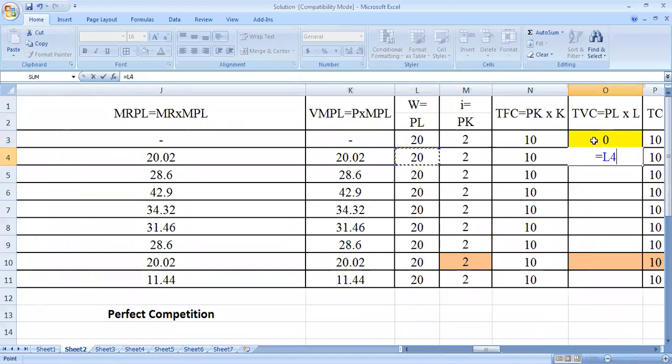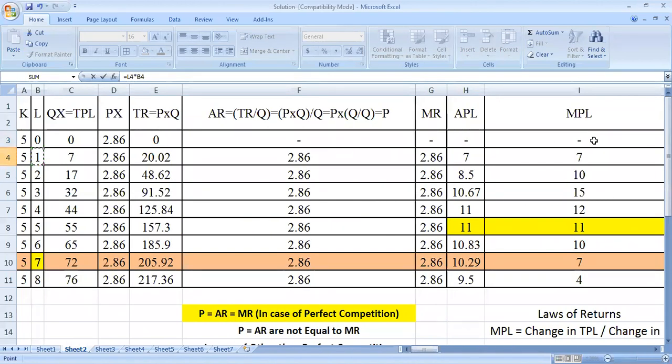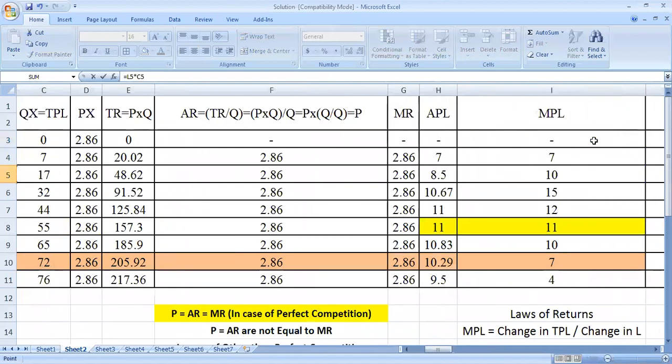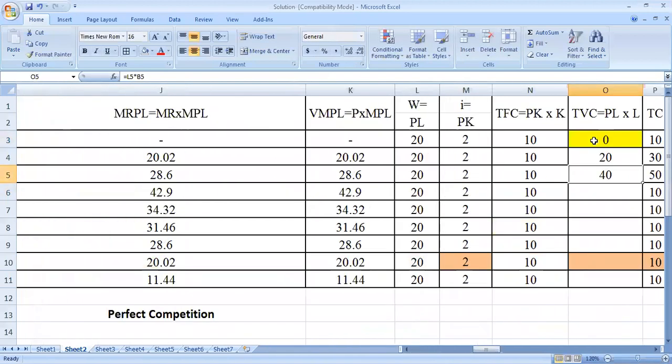When you multiply 20 with 1 unit of labor, the answer is 20. When you multiply this 20 with 2 units of labor, the answer should be 40, and so on, right? So you have obtained total variable cost.